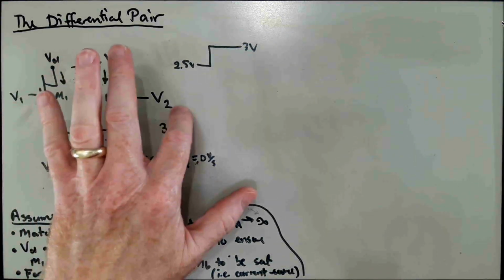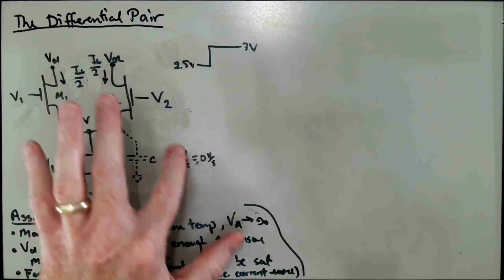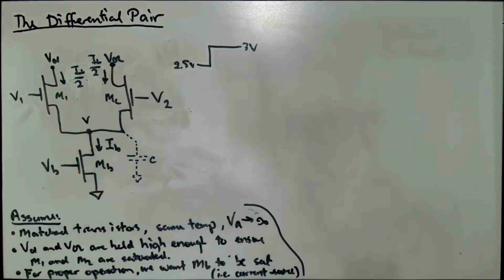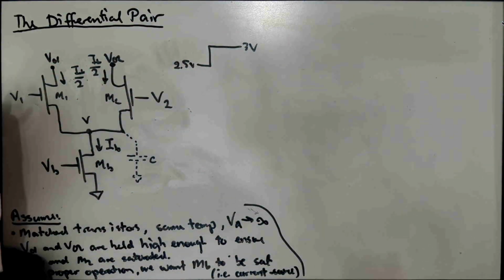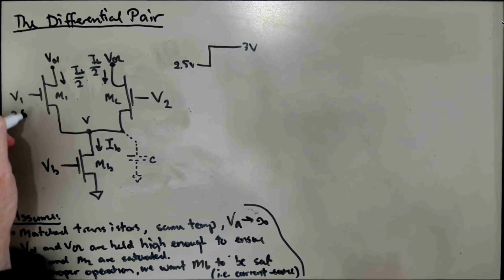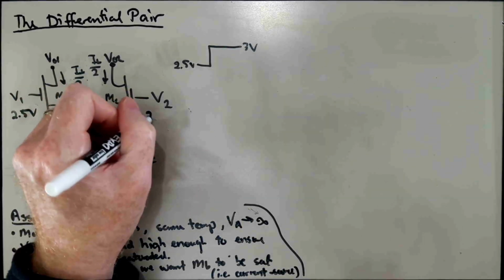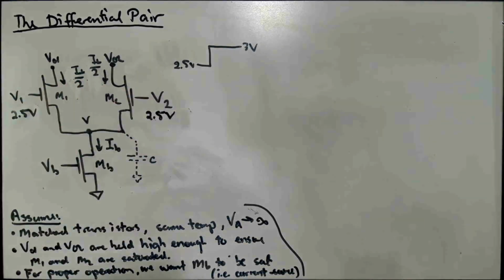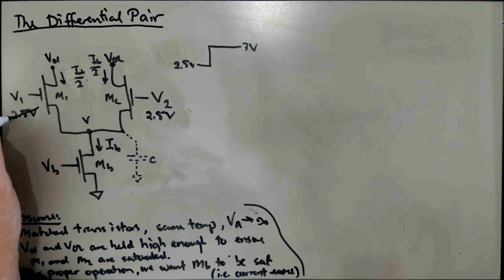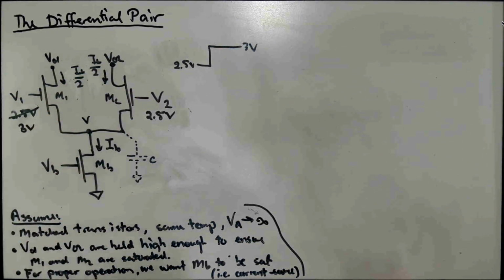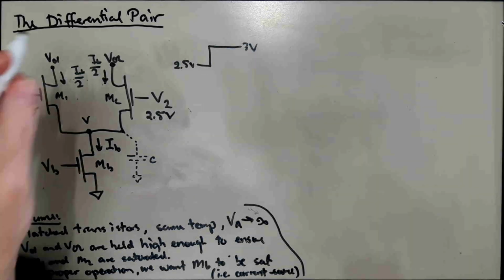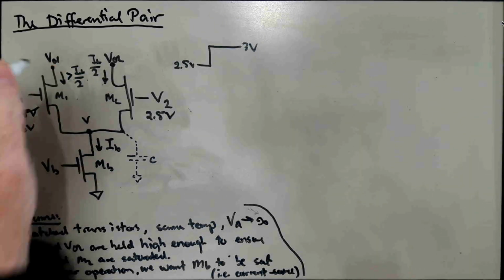Now let's suppose we start out at that same scenario and we only increase one side. So 2.5 volts here, let's say 2.5 volts here. And now we're just going to increase V1, let's say to 3 volts. Well, what happens here is that just I1 will be bigger than IB over 2.